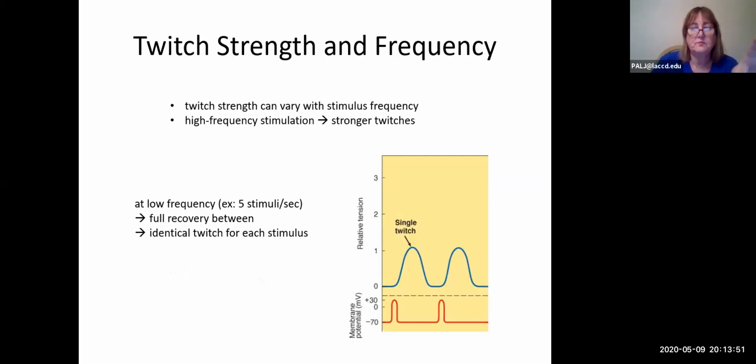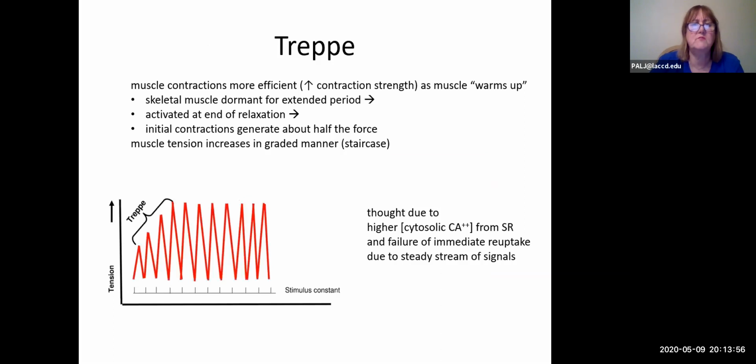Now, this is also what happens when you're first starting to use a muscle. If your muscle has been at rest for a long time, we are going to have a phenomenon known as treppe. It shows what happens as the muscle warms up. When you look at the left side, you will notice that the tension is increasing with each contraction.